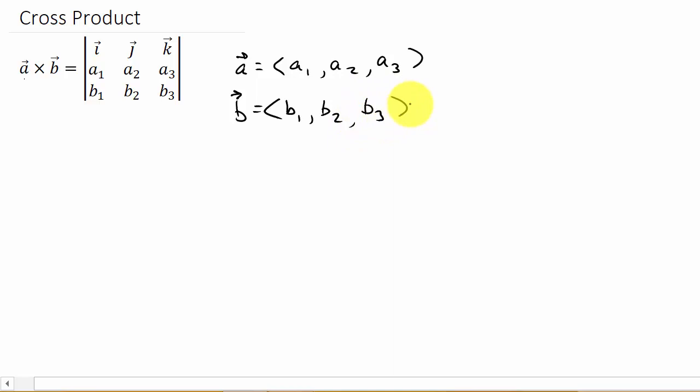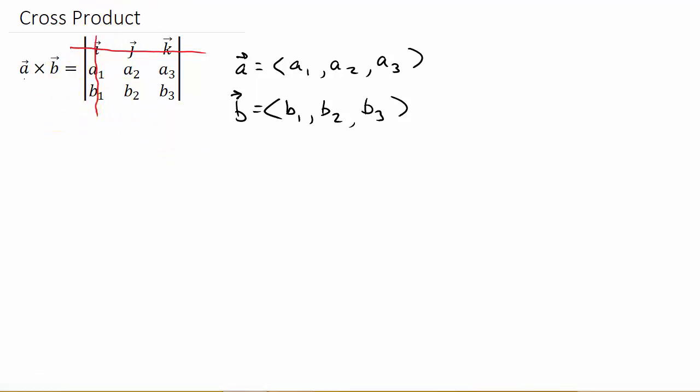Okay. Whenever we do the cross product and calculate this determinant, to do the determinant we will delete the first row, and then we will delete each column. First, let's take away the first column.